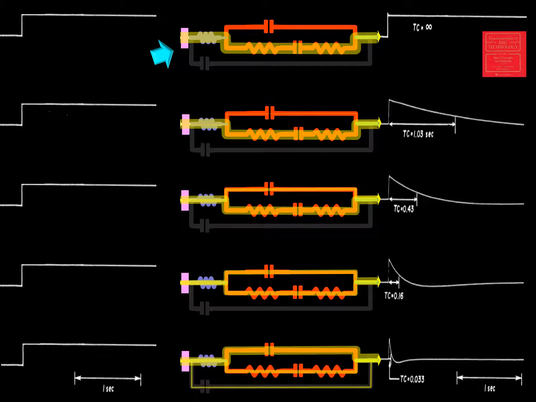So, as you can see, pointed by the arrow, the circuit with less resistance through the electrical double layer will reproduce a pulse of direct current best.